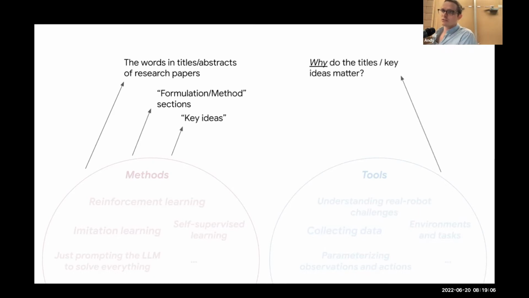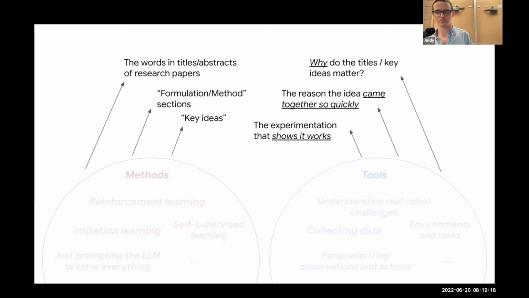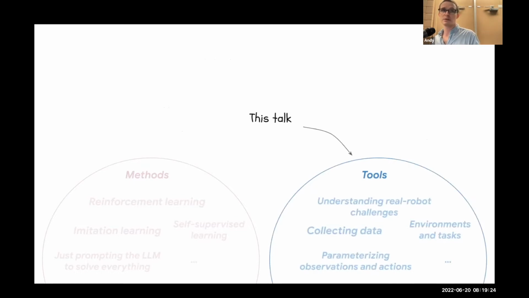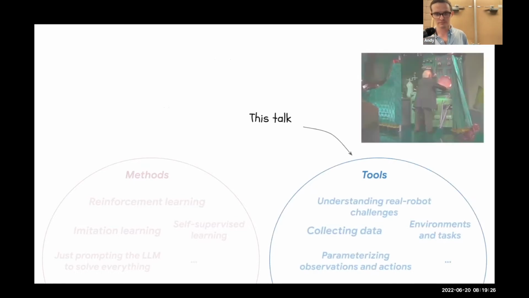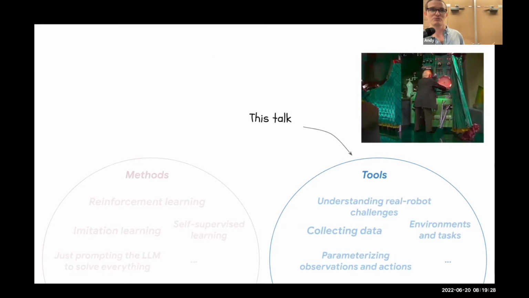But it's often the tools, I think, that inform us why the titles and the key ideas matter. They also explain the reasons why things can come together so quickly out of productive groups of people. And they power the experimentation that shows that things work. So this talk is going to be about the tools. And for those of you that know The Wizard of Oz, I sort of feel like it's the man behind the curtain here.